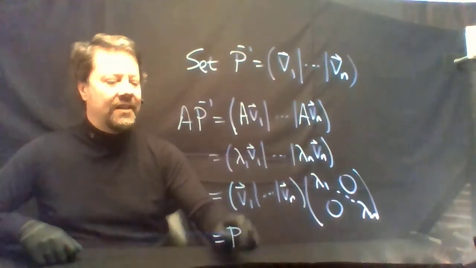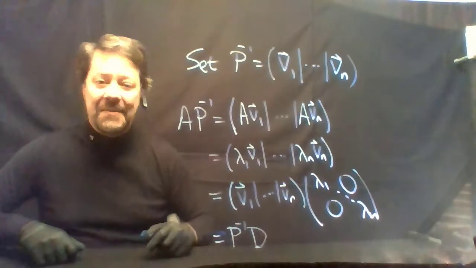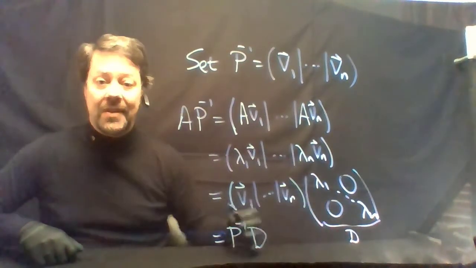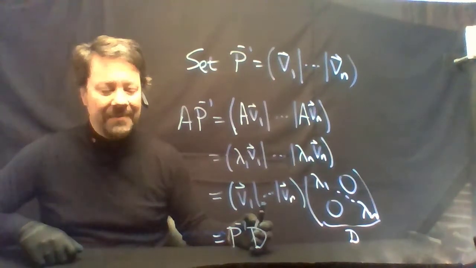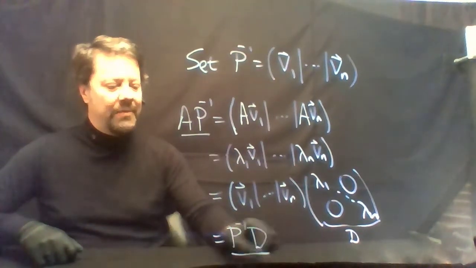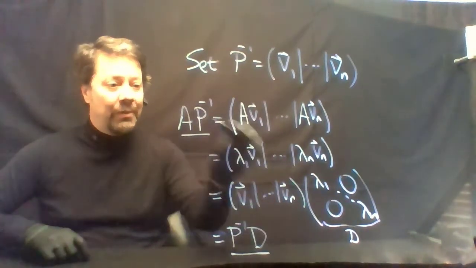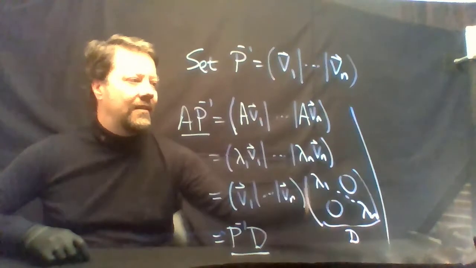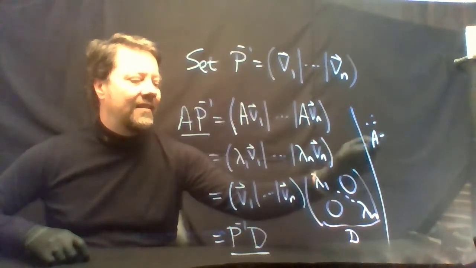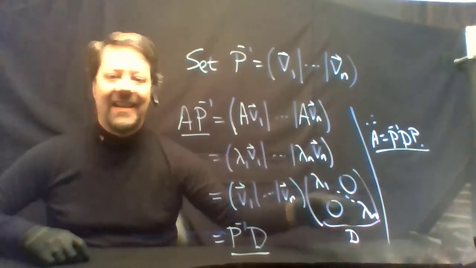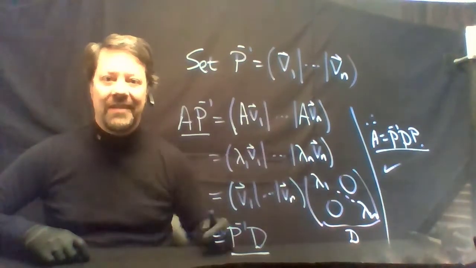And so we get P inverse times the diagonal matrix. The diagonal matrix consists of eigenvalues. We have A P inverse equals P inverse D. Multiplying both sides on the right by P gives us A is P inverse D P. And that completes the proof in this direction.